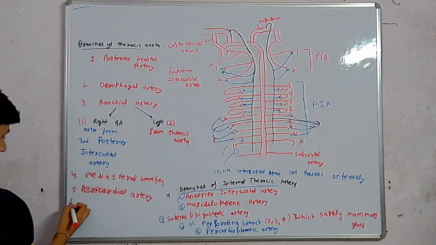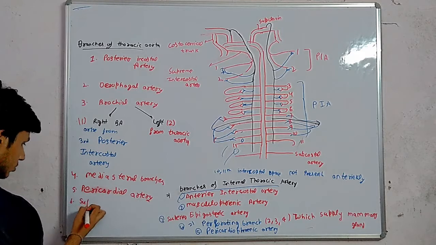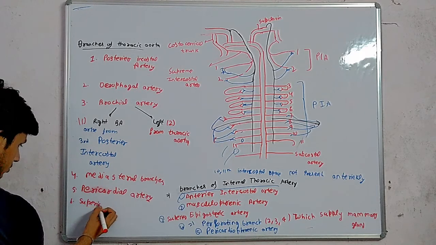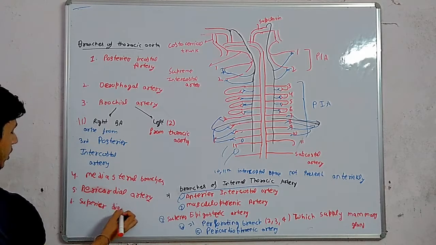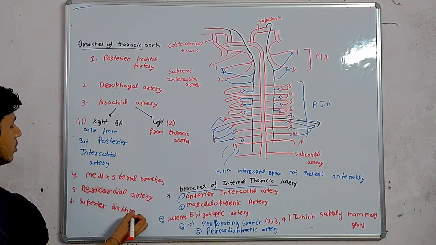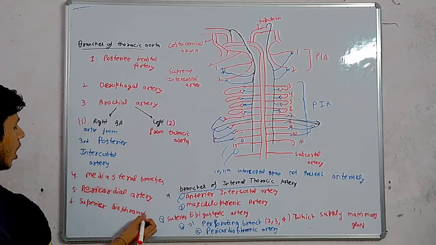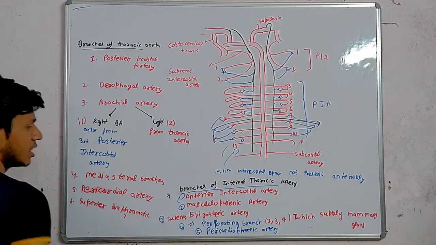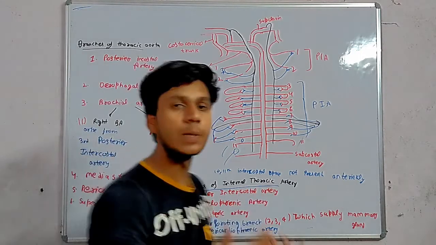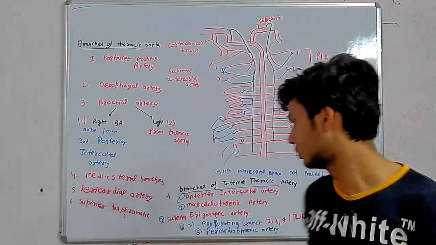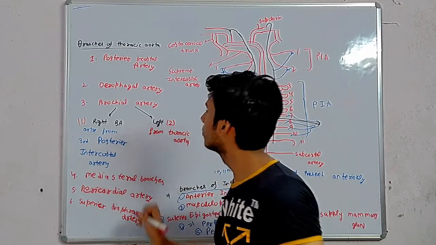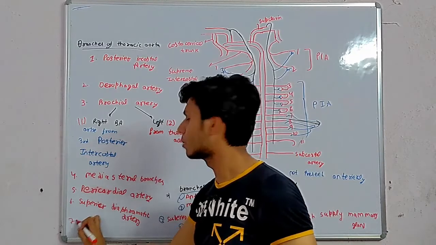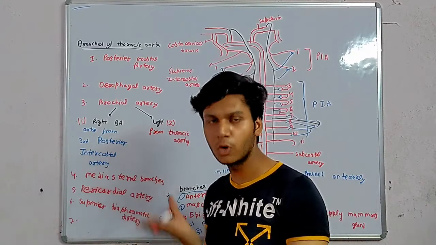And important, the superior diaphragmatic artery. It is the artery just above the diaphragm and supplies the muscles of the diaphragm. Done. So these are the branches, and we know the subcostal arteries, which are just below the 12th rib.